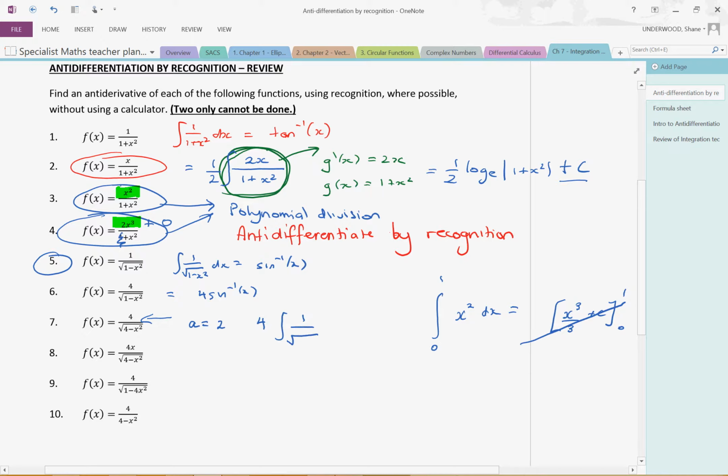We want to get it to look like the formula sheet, so we're going to have 2 squared minus x squared, with respect to x. So I can say that is 4 inverse sine of x over a on your formula sheet, which is x over 2. Did we get that? Good.